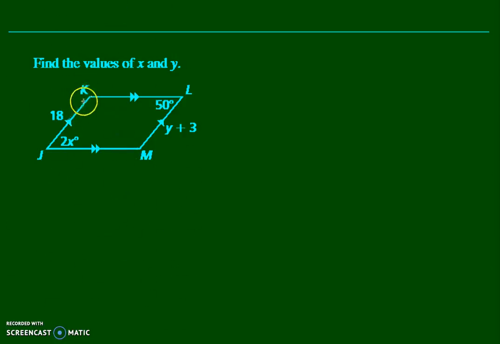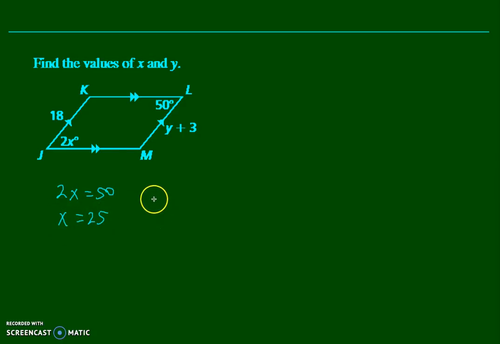Here we have another parallelogram, and we have 2x for angle J and 50 for angle L. We know opposite angles are congruent, so 2x equals 50, and therefore x equals 25.